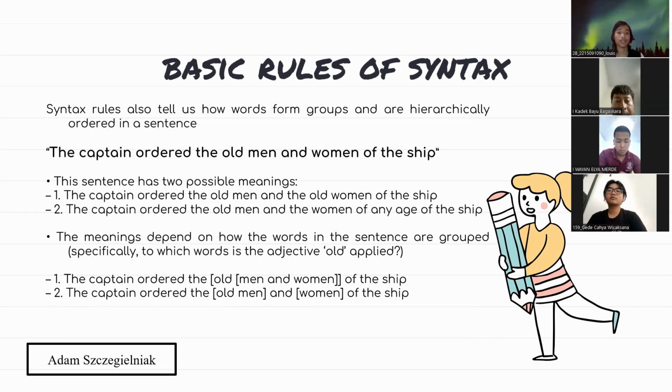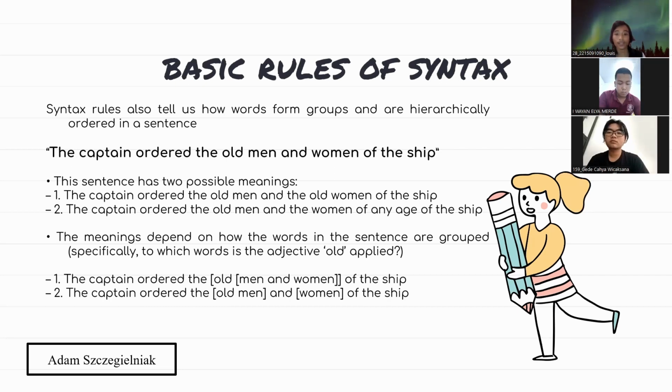The first meaning is that the captain ordered the old man and the old woman off the ship. The second is that the captain ordered the old man and the woman of any age off the ship. The meaning depends on how the words in the sentence are grouped, specifically to which words the adjective is applied.